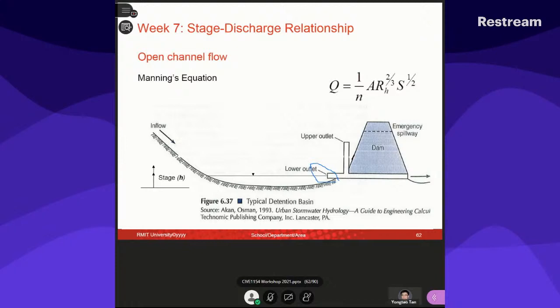The open channel has a part of the flow exposed to the atmosphere, which means normally the pressure is atmospheric pressure. This type of channel includes rivers, culverts, stormwater systems flowing by gravity, and also roadside ditches and roadway gutters. All these are open channels.